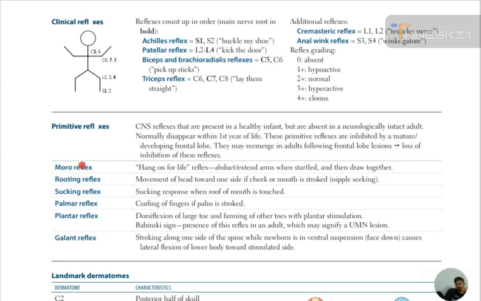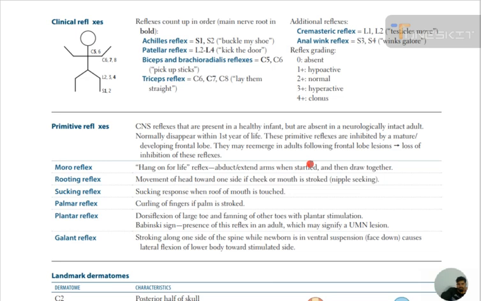For example, Moro reflex, hang on for life reflex. Abduct and extend arms when startled and then draw together.